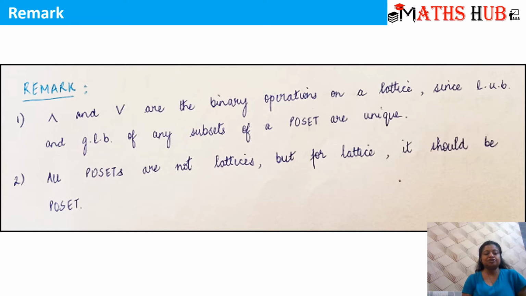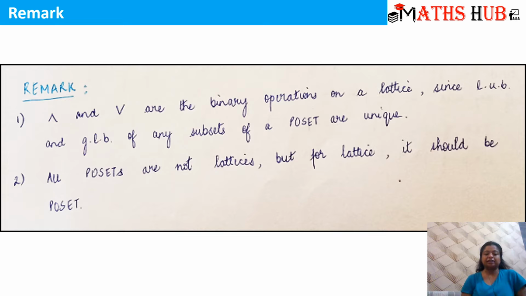The meet and the join are binary operations on a lattice, since the LUB and GLB of any subsets of a poset are always unique. I told you about this remark in my previous video also, that whenever we calculate LUB and GLB, if they exist, they are always unique in nature. Unique means it will always be one; there will never be two GLBs or two LUBs.